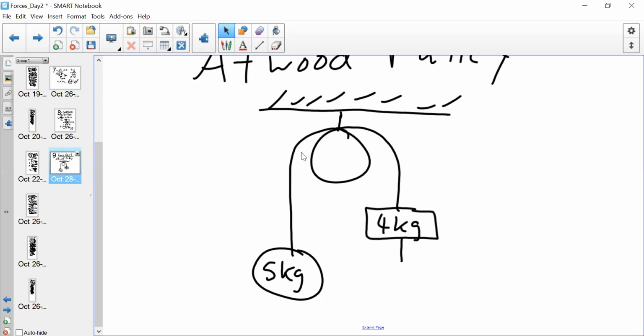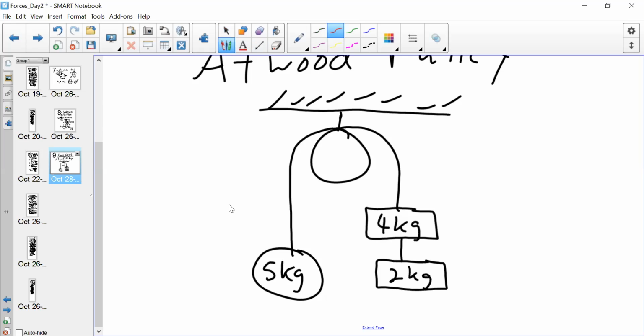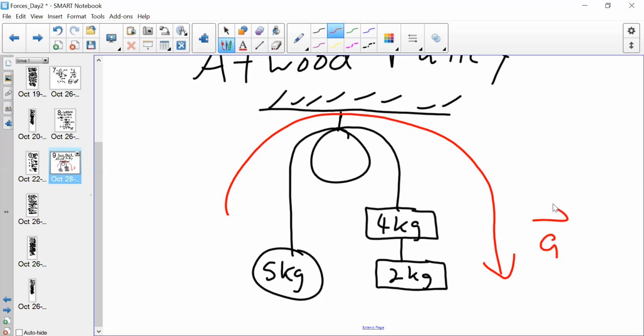So we have this tension in the string here, and then we have a 2 kilogram block here. Since 6 is bigger than 5, the acceleration of the system is going to go up, over, and down this way on the right side.